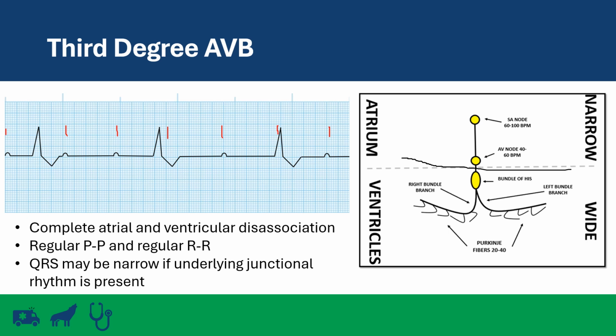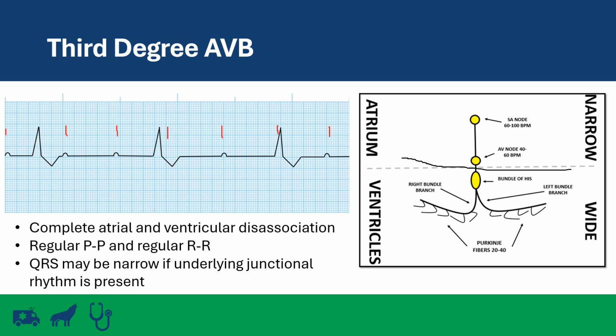So we have regular P waves, which you will have in a third degree heart block. Additionally, we have wide QRS complexes because the impulse isn't coming from the atria, they're coming from the ventricles.